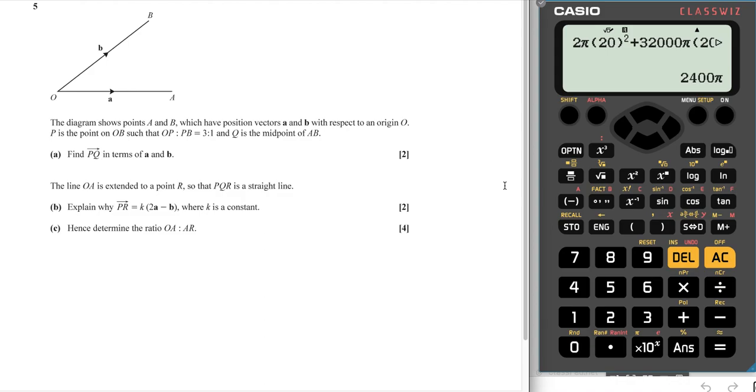So, P is in the 3 to 1, so P is 3/4 of the way up. So P is somewhere about there on the diagram. Q is somewhere about there.